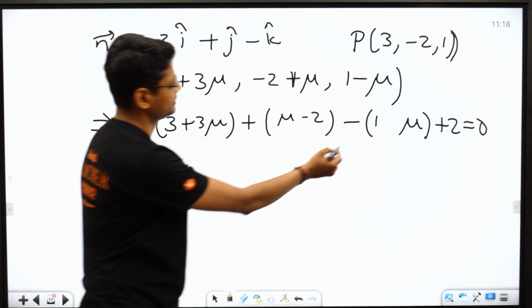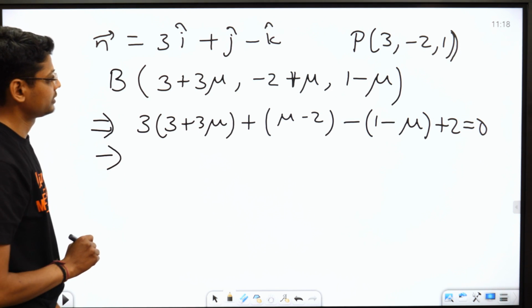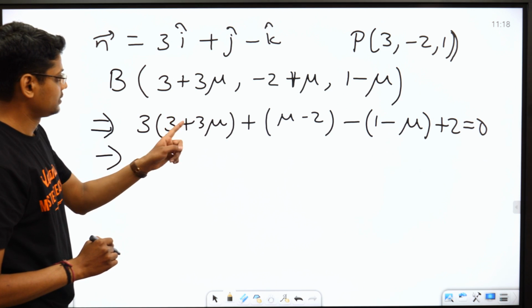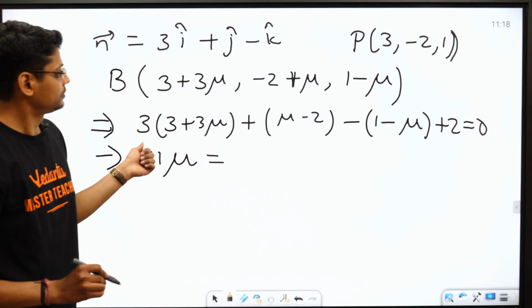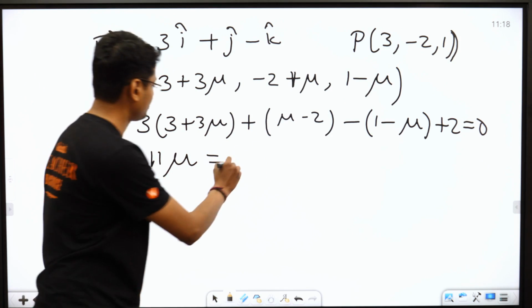So what would it be? 11 mu equal to minus 8.